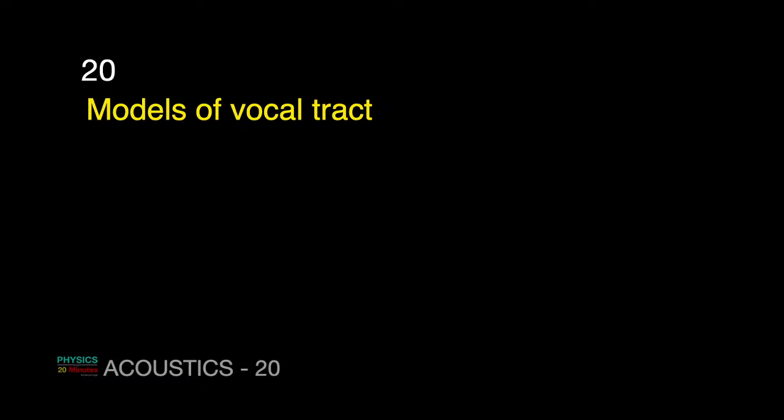After the software, most of the modeling now happens using software. But nevertheless, it is very important to look at some of these primitive models so that we understand how the modeling work happens. So we talk about the models of the vocal tract primarily and look at some of the problems. Problems are not that challenging.